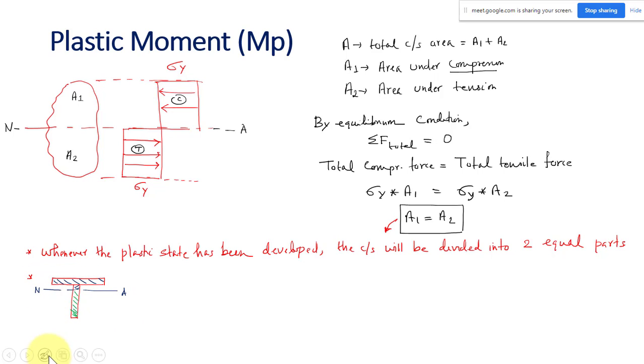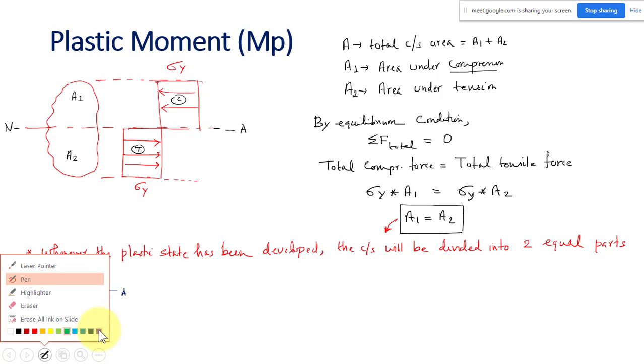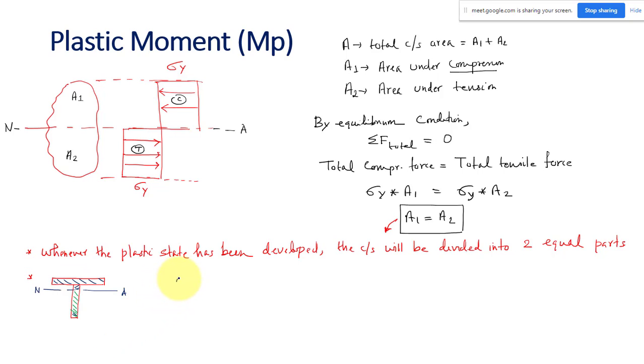Okay, but if you take a symmetric section, for example a rectangular section, or circular section, or symmetric I section, where will your neutral axis be?